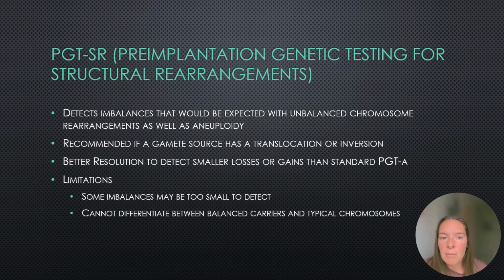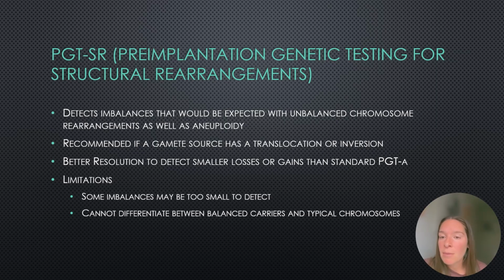And it's pretty similar to PGT-A. It can also detect aneuploidies in any of the other chromosomes that are not involved with the rearrangement, but the main goal of it is just to zoom in a little closer on the chromosomes that are involved in the rearrangement and to have better resolution to detect smaller losses or gains than standard PGT-A. Some of the limitations are that it can't zoom in perfectly.